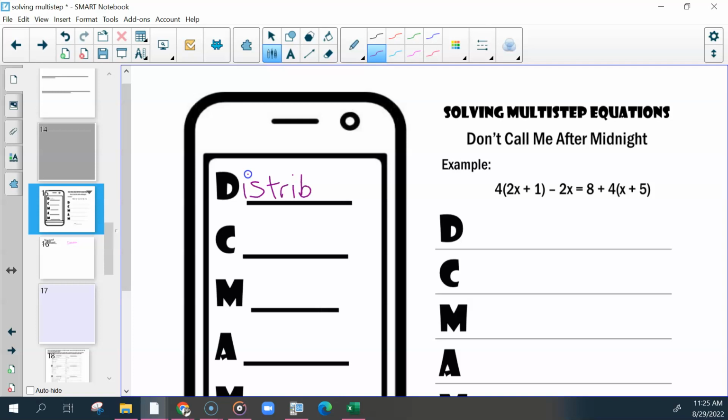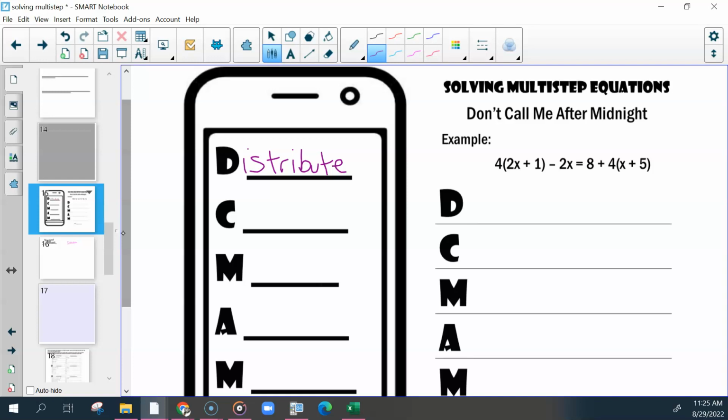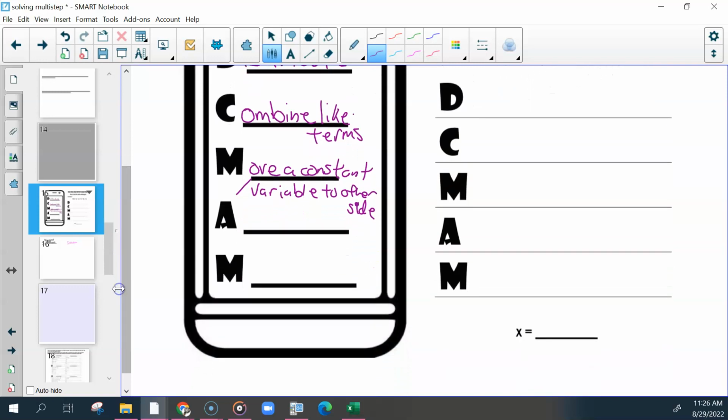Don't call me after midnight is for these steps. Distribute. Combine like terms. And then move a constant or variable to the other side, and the way we do that is to add or subtract.